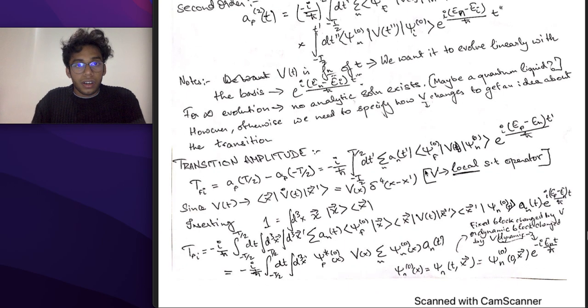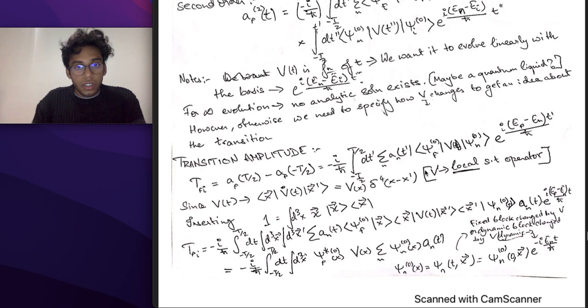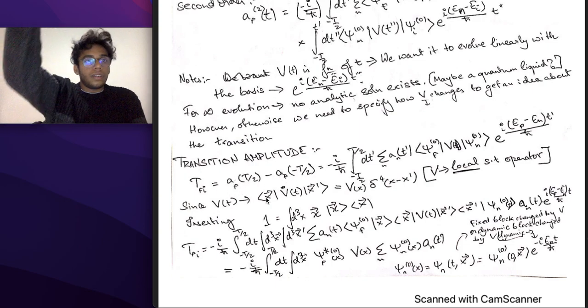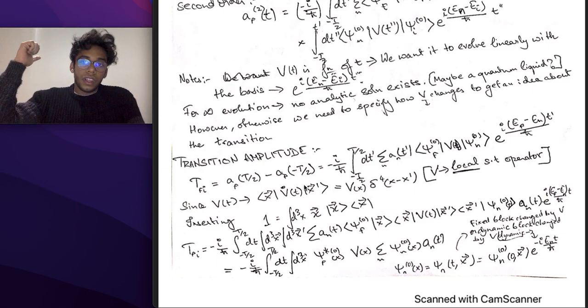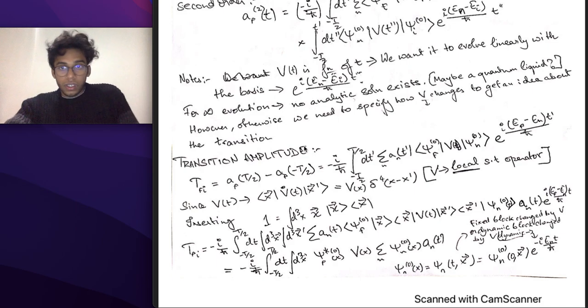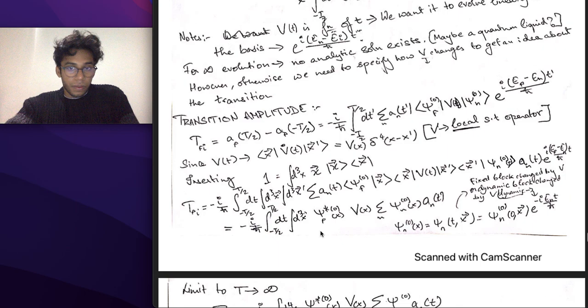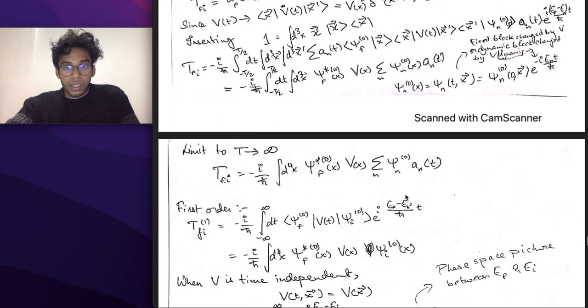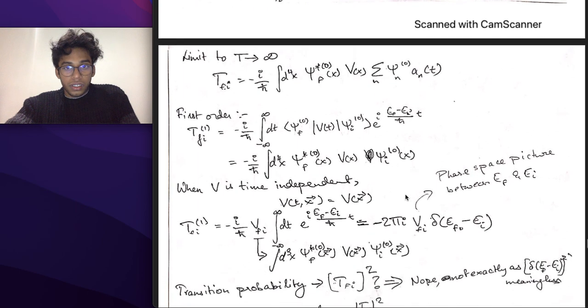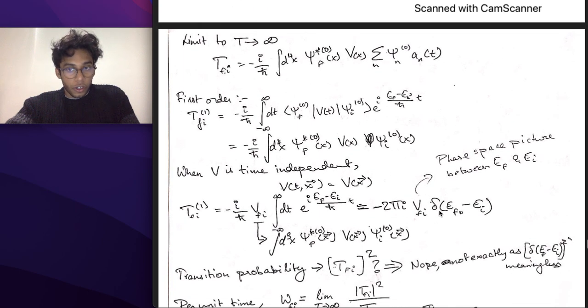Now you're defining your transition amplitude. You define your transition amplitude by the difference between AF in the infinite future and AF in the infinite past. So when you compute the integrals, you do some tricks, and finally you end up with a delta function.